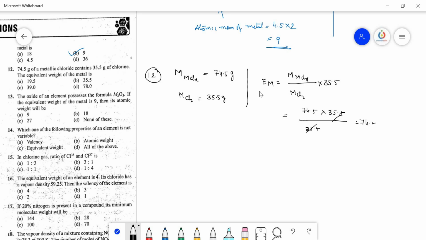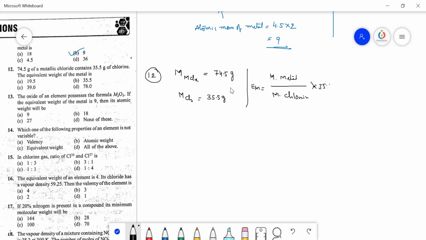Sorry, I made a mistake here. I have to take the mass of the metal, but I had taken the mass of the metallic chloride. Equivalent mass of the metal equals mass of the metal divided by mass of the chlorine, into 35.5.